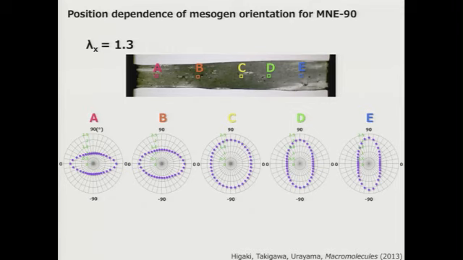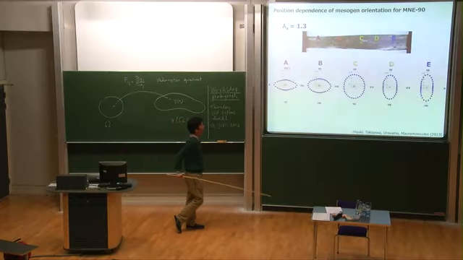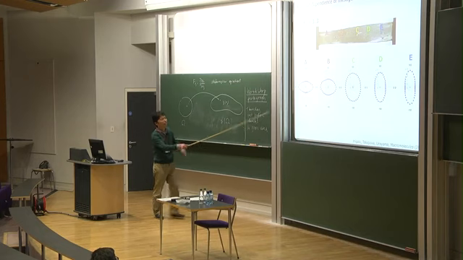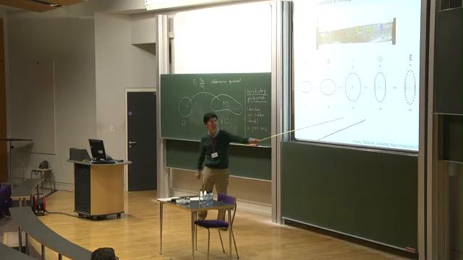This is the result in the case of 30% stretch. Now you can see a steep gradient of the degree of director rotations from position A to E. At position A, full rotation of the director already occurs. But position E looks like nothing happened.